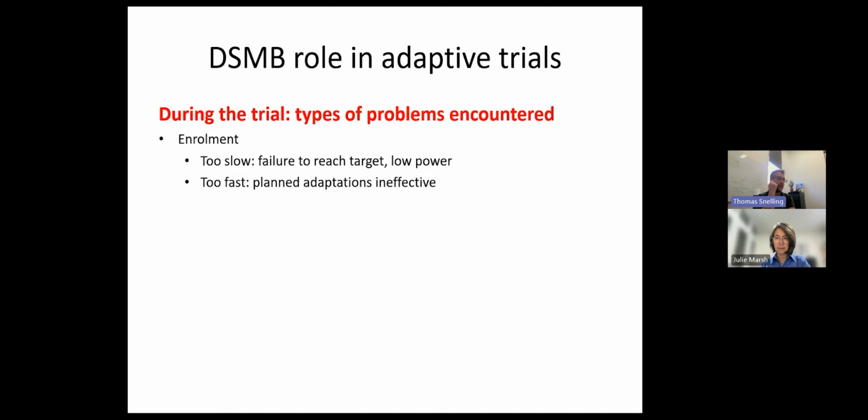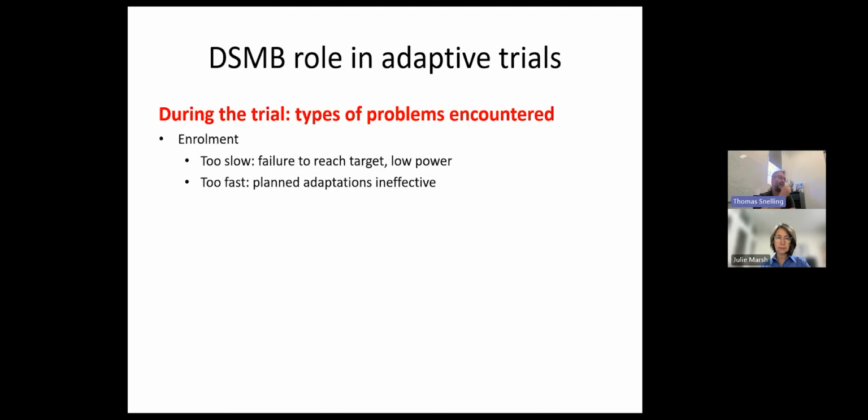Occasionally, enrolment is faster than anticipated. And for most trials, this is not a problem. This is a good thing, makes it likely to achieve its target sample size and gives it good power. But for an adaptive trial, this can have unanticipated consequences for the operating characteristics.